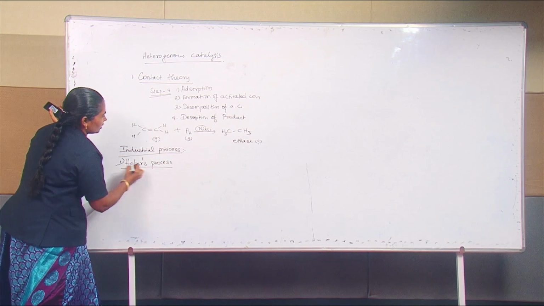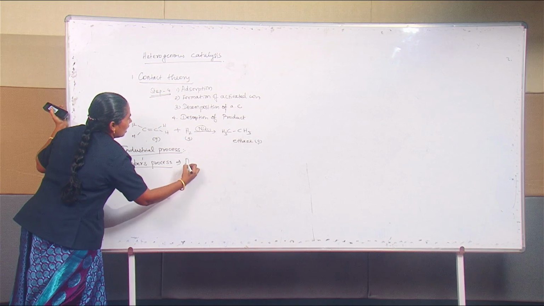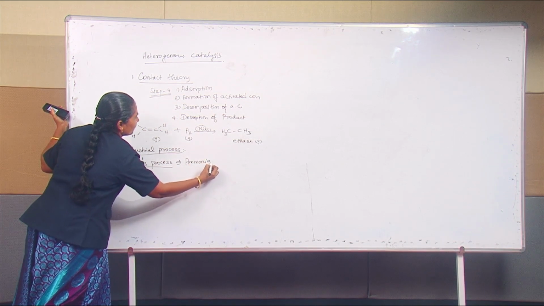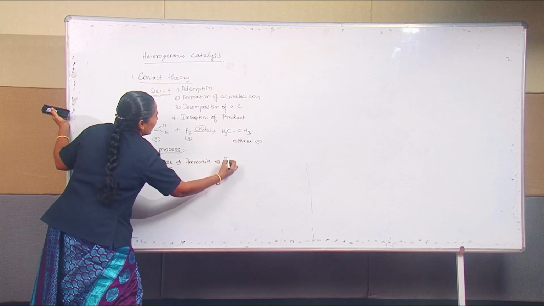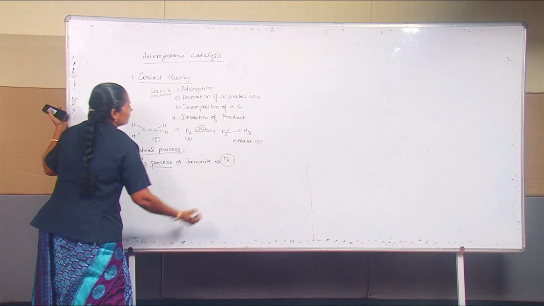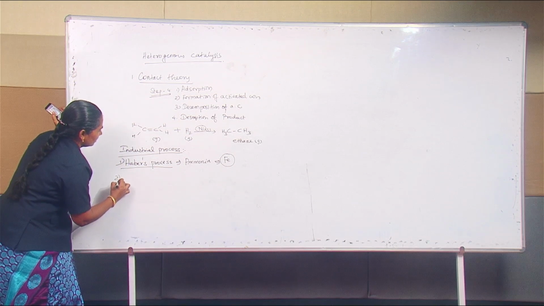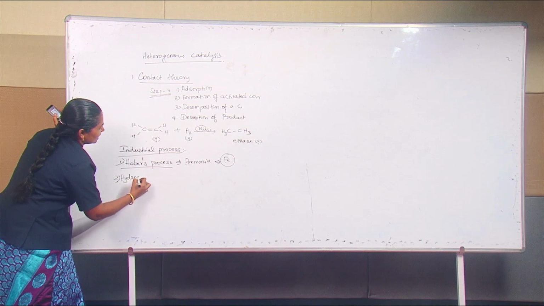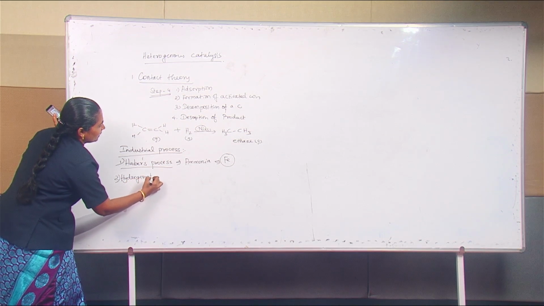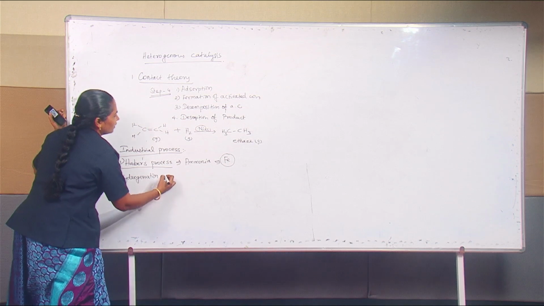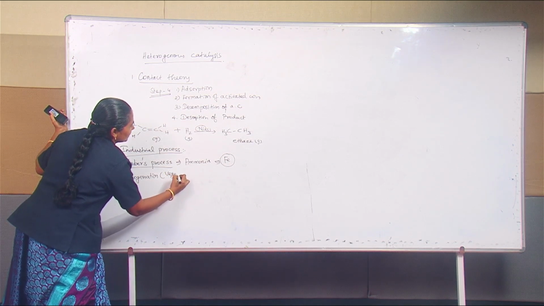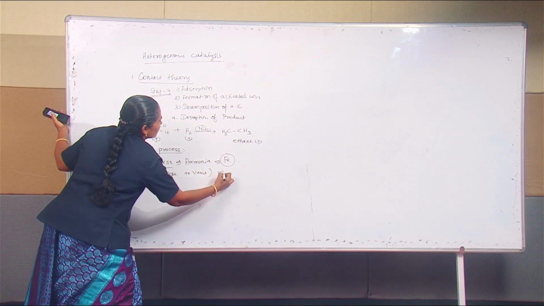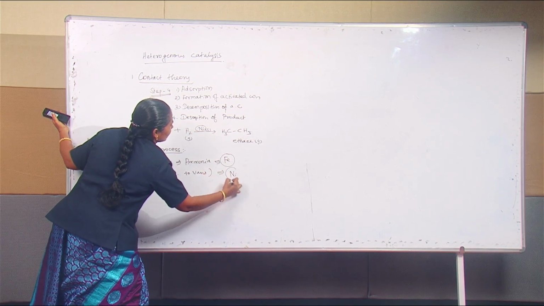So in Haber process, we have prepared ammonia in large amount in the presence of catalyst, that is iron. And second one, we have learnt how the hydrogenation reaction is taking place to convert vegetable oil to vanaspati in the presence of catalyst, that is called nickel.